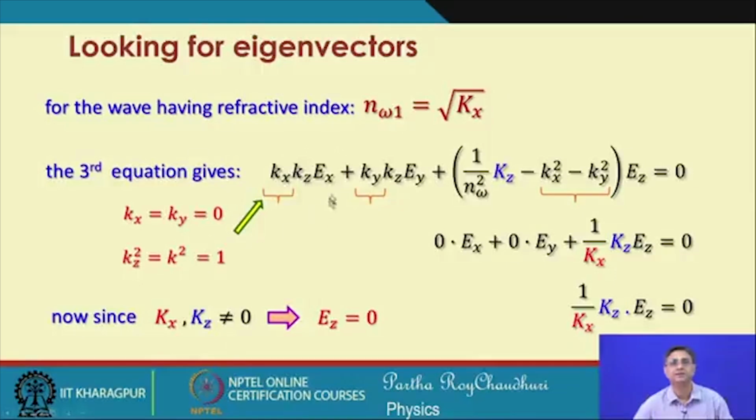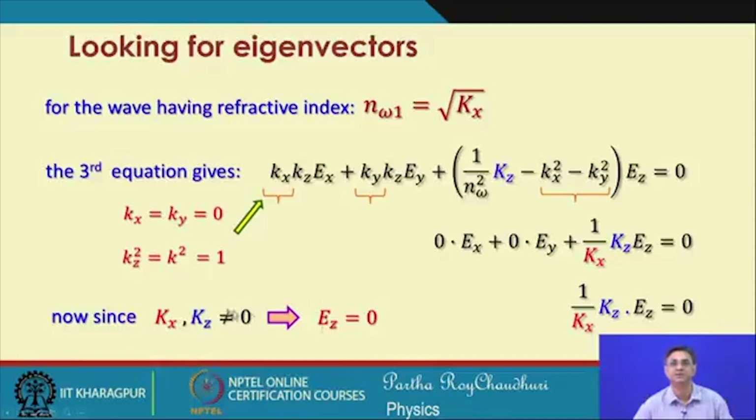Again this quantity is equal to 0 because k x equal to 0, k y is also equal to 0. So, 0 into E x, 0 into E y, and here this quantity and this quantity both of them are equal to 0. So, if we write this equation, we get 0 into E x, 0 into E y plus 1 by k x k z E z equal to 0. That means k z by k x into E z equal to 0.